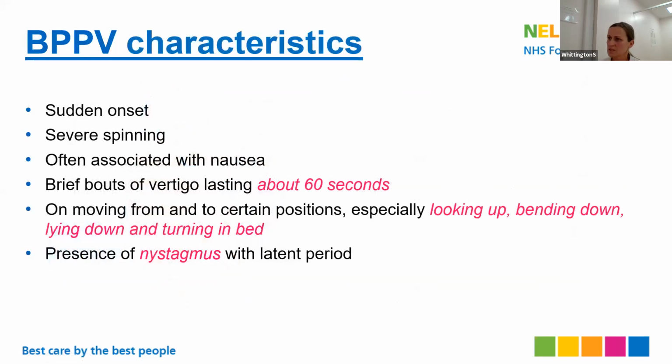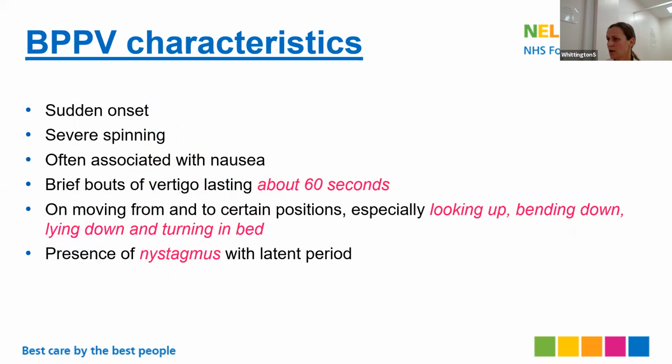So characteristics of BPPV. So there is a sudden onset. It's associated with a severe spinning. So it's either that the patient feels the room is spinning or they're spinning themselves. It's often associated with nausea or vomiting. So if you are going to treat these patients, always be prepared, have a sick ball, because they do get sick.